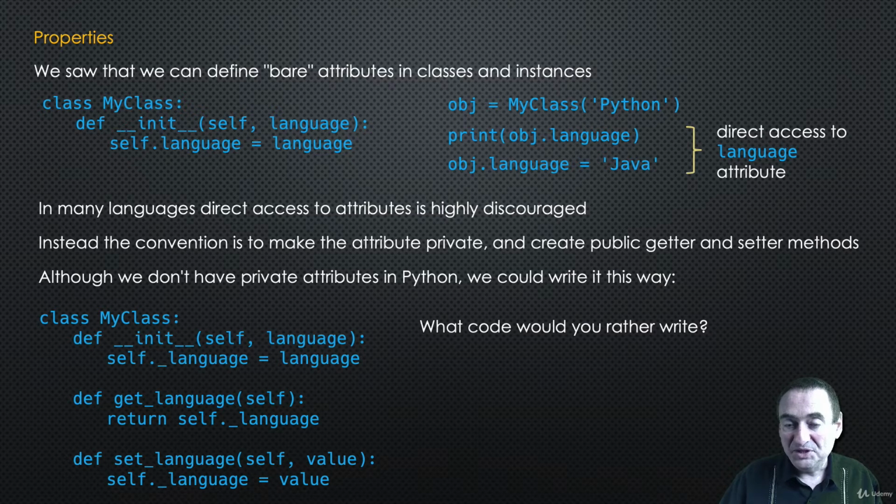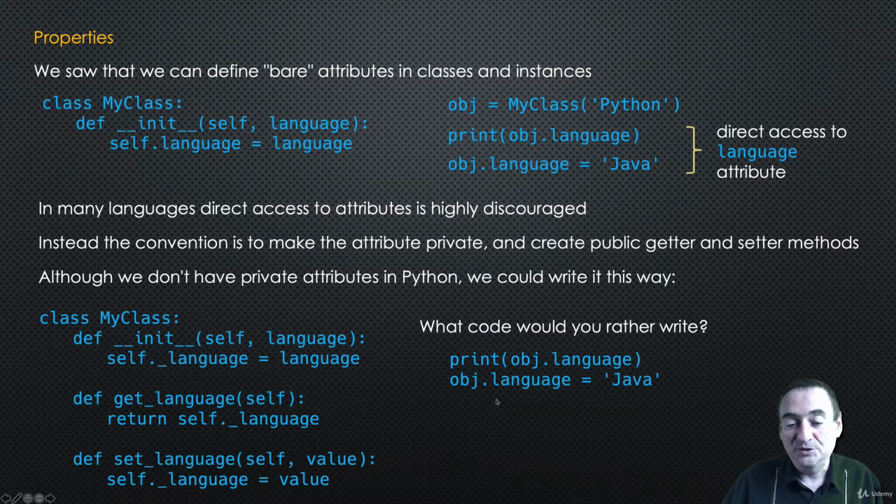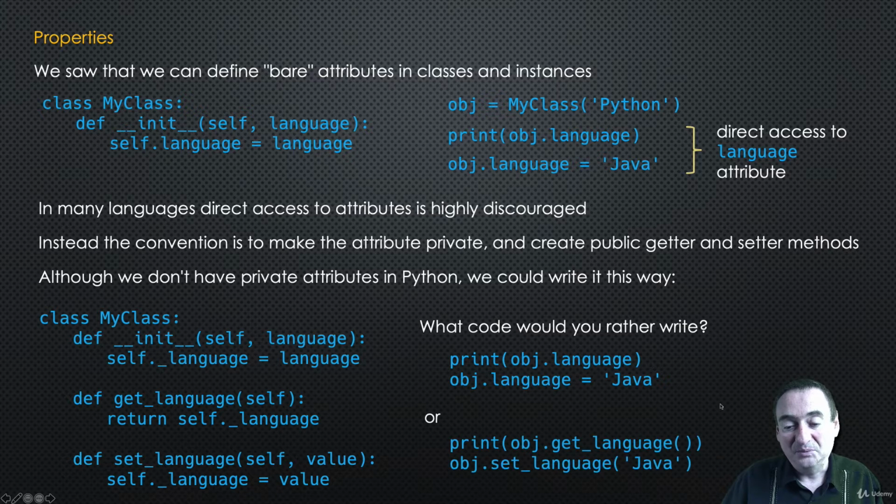But here's the difference in how we now have to use this code. And let me ask you this, what code would you rather write? Would you rather be able to write object.language and object.language equals Java? Or would you rather write something like this, print object.getLanguage? Because remember, in Java, _language would not be accessible at all. It's private, okay?